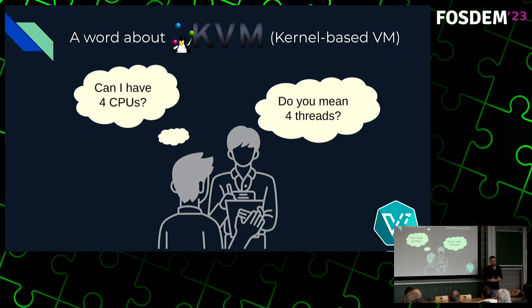From the guest perspective, it will have, for example, 4 CPUs. But these aren't real CPUs, right? They are virtual CPUs, or vCPUs. And from the kernel perspective, these are just threads, vCPU threads. So what the guest sees as a physical CPU is, from the host perspective, just another thread on the system.